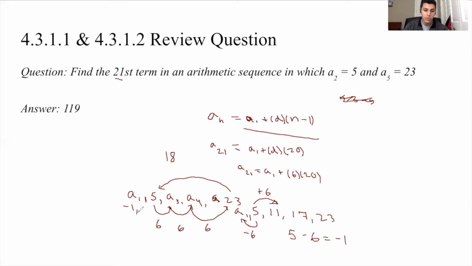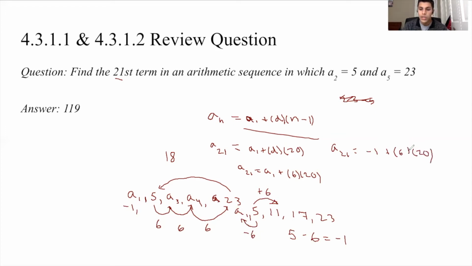And if we check that out, we have -1, 5, 11, 17, and 23 as our first 5 numbers in this sequence. That definitely makes sense. So now we can put that into the equation, and I'll write it one more time. A21 equals -1 plus 6 times 20.